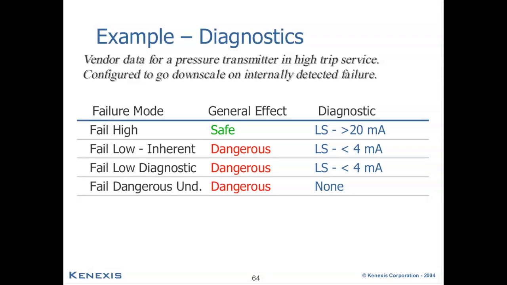For instance, in this case, a pressure transmitter is being used in high trip service, which is safe when the component fails high, but is dangerous when the component fails low. If the logic solver, however, is able to monitor a signal of under 4 milliamps for the pressure transmitter, indicating a low failure, then the logic solver can take the means to diagnose that failure and safely shut down the process.